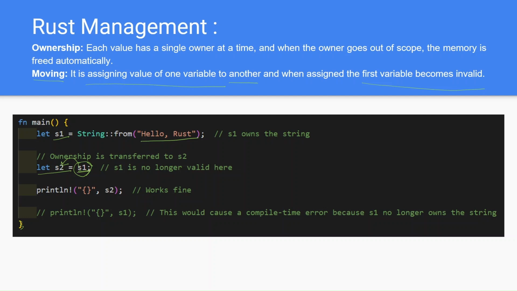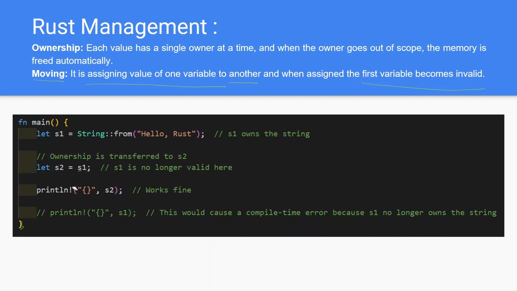If you try to print s2, it works perfectly fine because the value moved to s2. But if you try to print s1, then it will give us a compile time error stating that the s1 value is already moved to s2 and you cannot access s1 anymore. Alright, so this is what moving is in Rust.